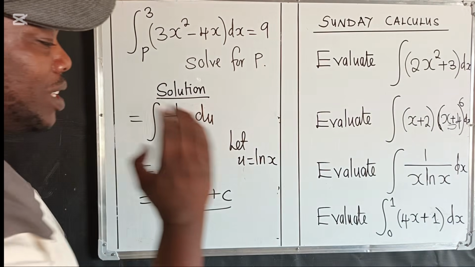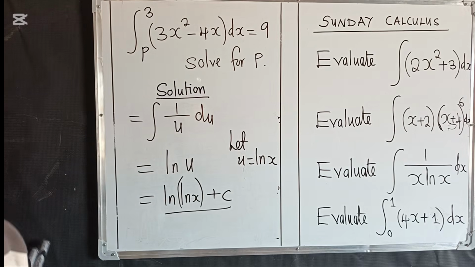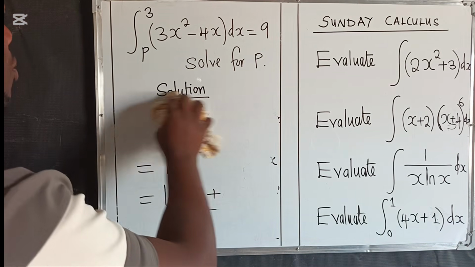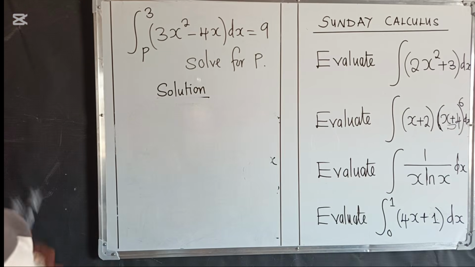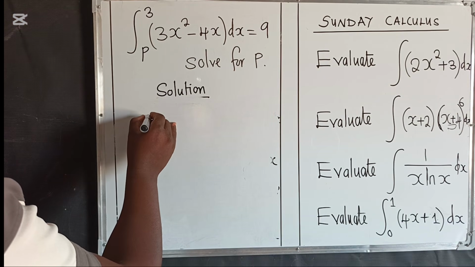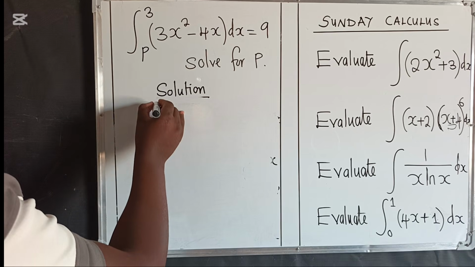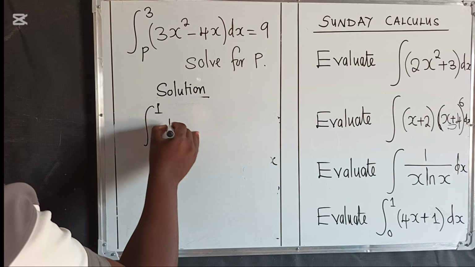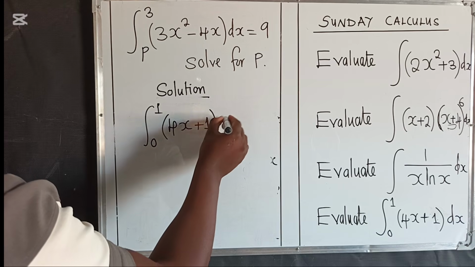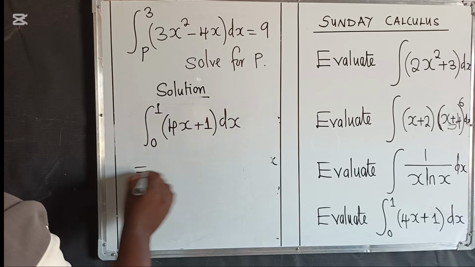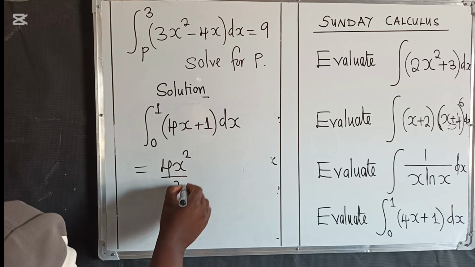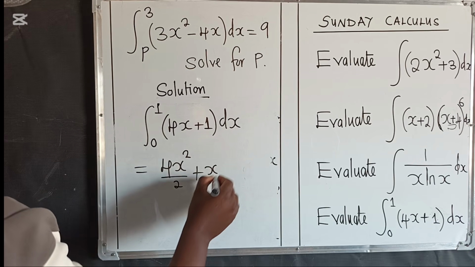So now let's go to question 4. For question 4 here, we're going to say the integral, limits from 0 to 1, of 4x plus 1 dx. So this will be 4x^2 over 2 plus x.